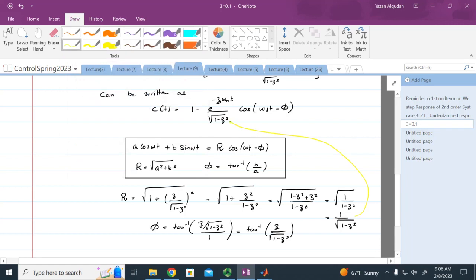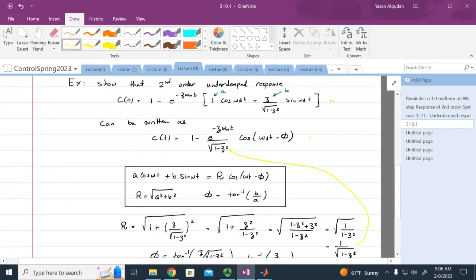R is this here, and phi is given by the tan inverse of zeta over square root of 1 minus zeta squared. So we might see the underdamped response in either one of these two forms. But the point is, both of these forms are the same. So I can see the response given by this expression here, or I can see the response given by the expression above it.